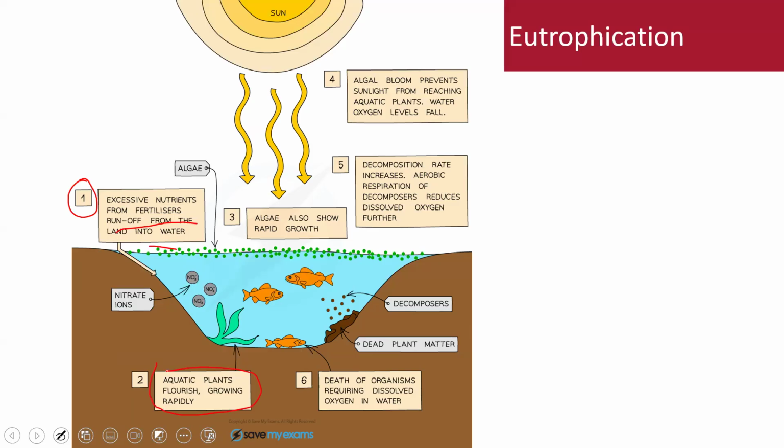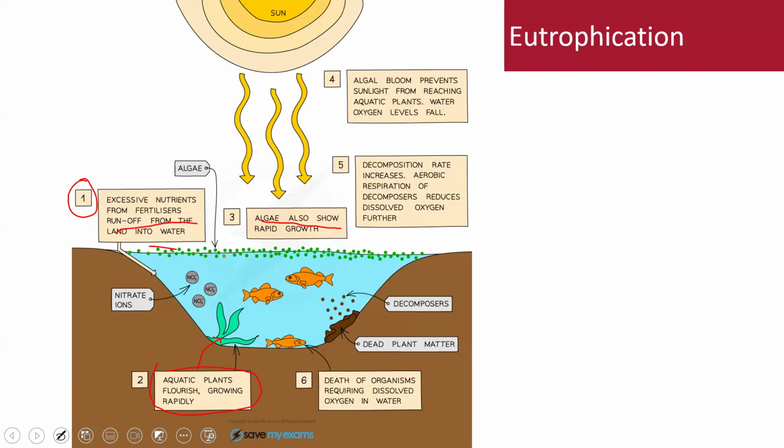For anybody doing higher, this is probably a decent question that could come up, because foundation don't need to know much about it. When we're talking about aquatic plants, we're talking about the plants at the bottom of the sea or lake. Number three, the algae on the top also grow rapidly.